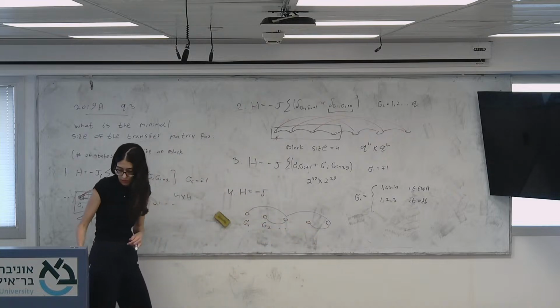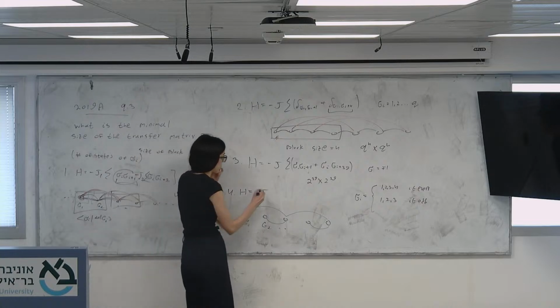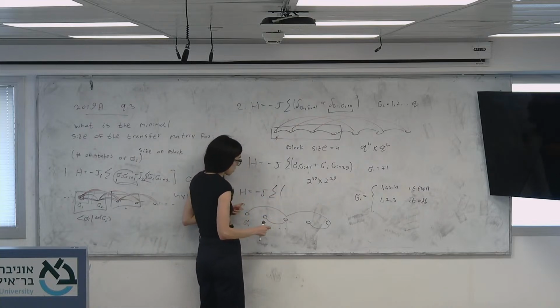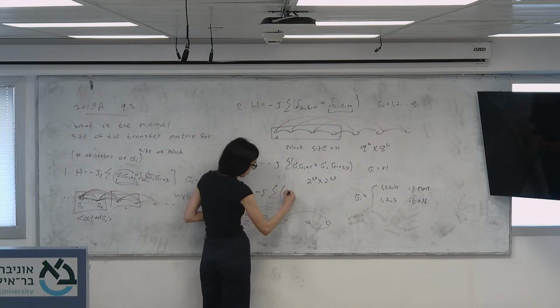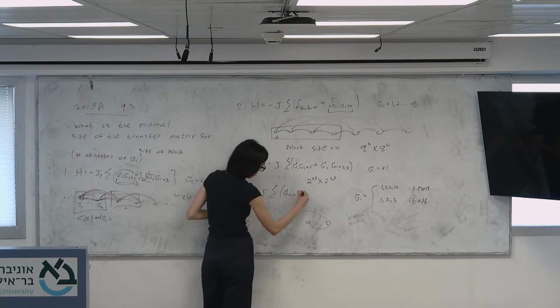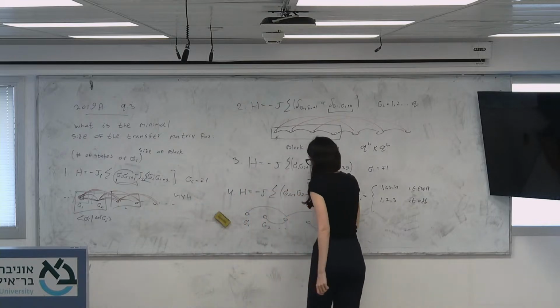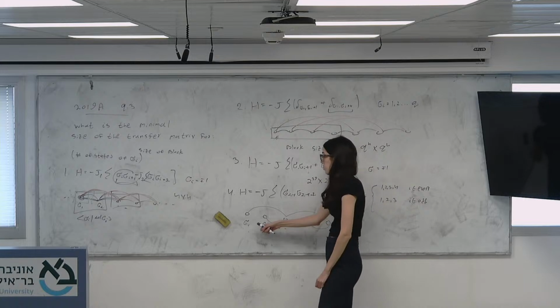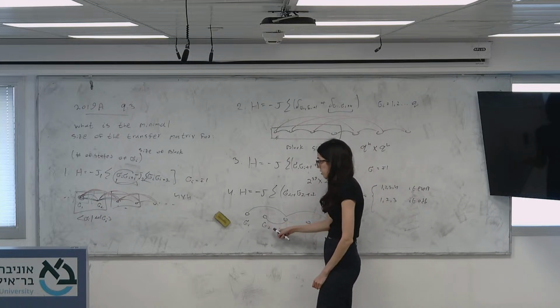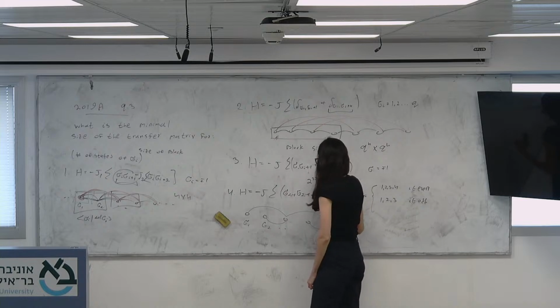Okay, so we have one interaction term for the interaction between all of the odd spins, so sigma 2i minus 1 to sigma 2i plus 1, and another interaction term for the interaction between the even and the odd spin, so sigma 2i, sigma 2i plus 1.